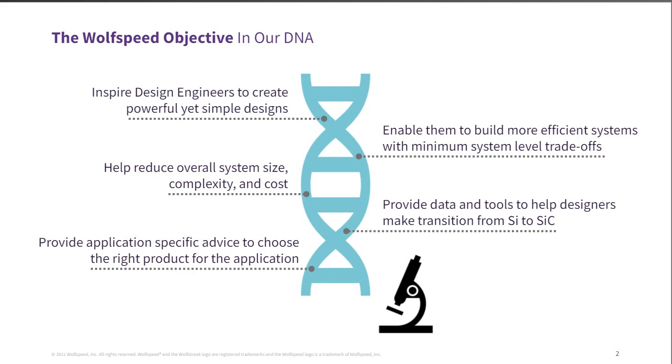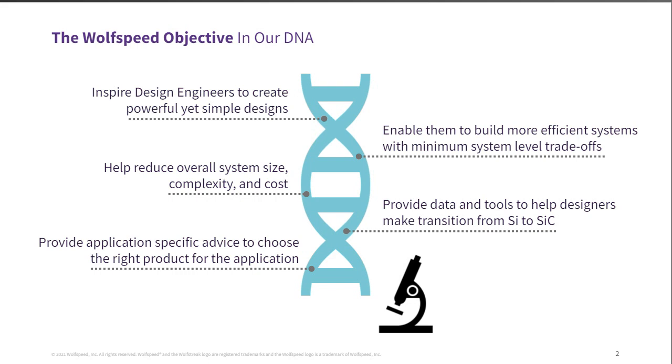So as we look to help those of you transitioning from silicon to silicon carbide, or even compared to other silicon carbide module manufacturers, really, how can you get the best and most benefit from the products that we offer, and help you reduce your overall system size, complexity, cost, et cetera.